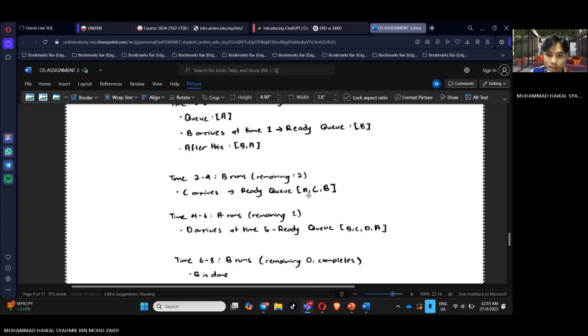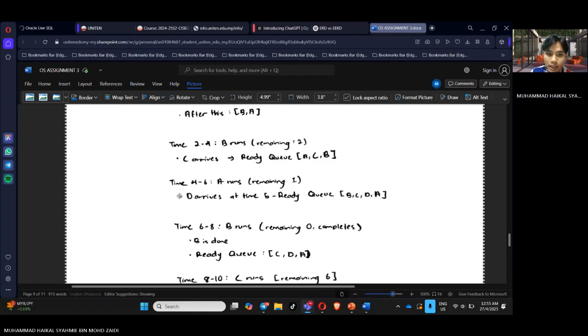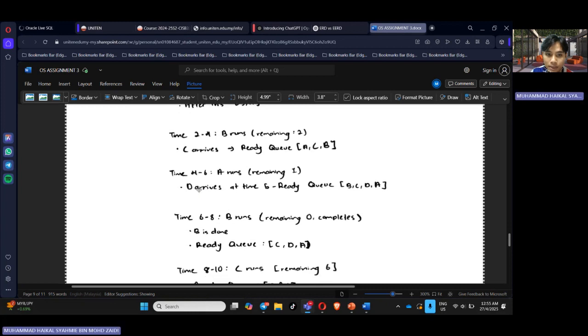So B queues after A, and after B completed at time 2 until 4, B queues after C. So then at time 4 until 6, A is running, and the remaining for A is 1, and D arrives at time 5, and D queues after process C, and then after A is completed running at time 4 until 6, A queues behind D.